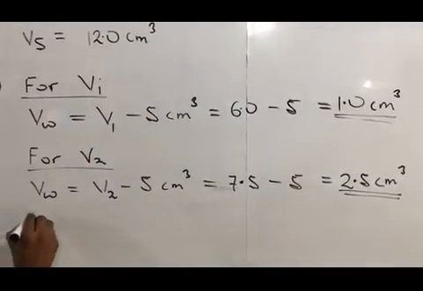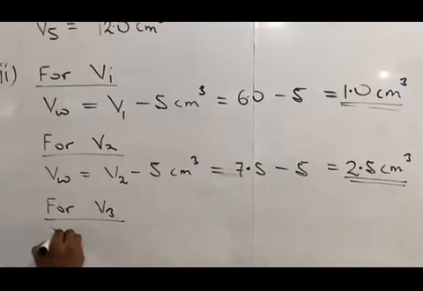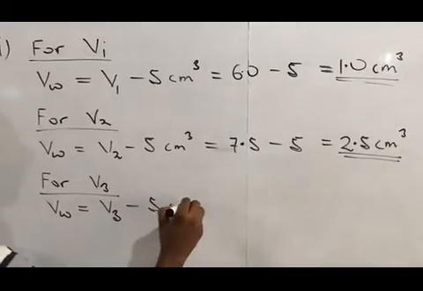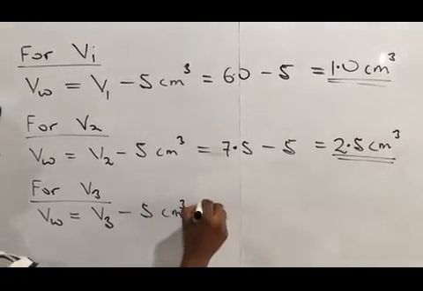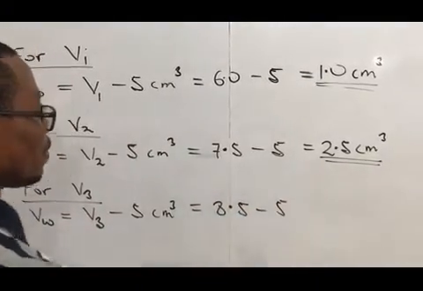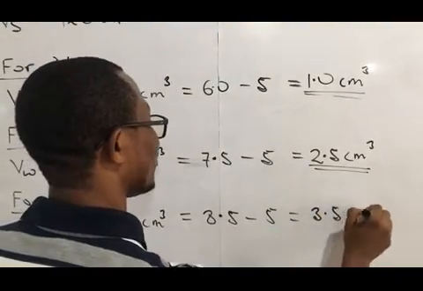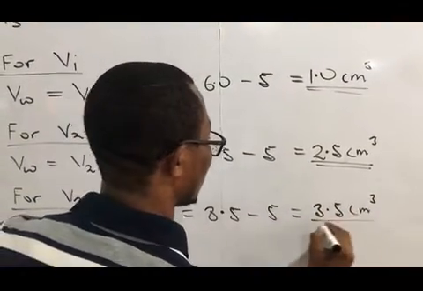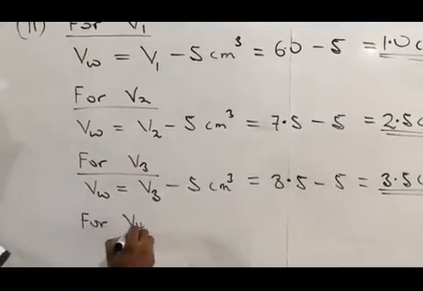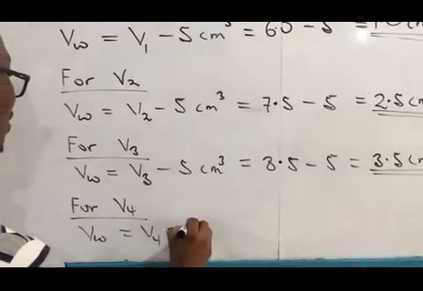And then you have for V3, the volume of water will be V3 minus 5. Our V3 is 8.5, so 8.5 minus 5, and that will give you 3.5. For V4, the volume of water will be V4 minus 5.